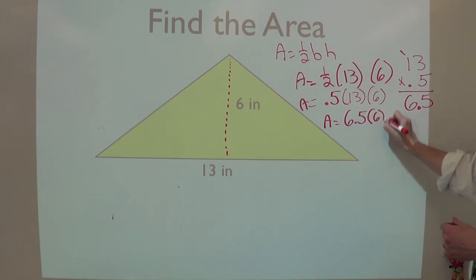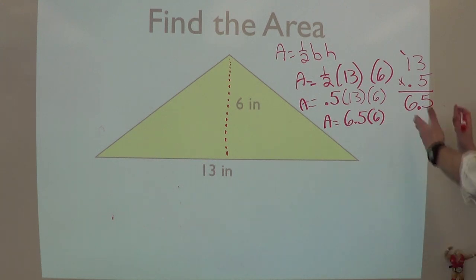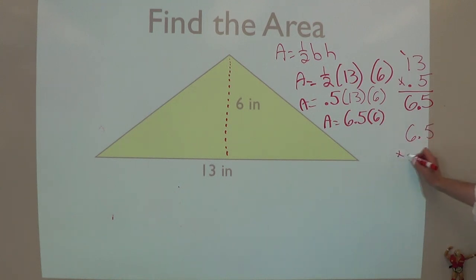times 6. Again, use this space, show your work. 6.5 times 6. 6 times 5 is 30. 0, carry the 3. 6 times 6 is 36, plus 3 is 39. I have one decimal place, so I move it over there.